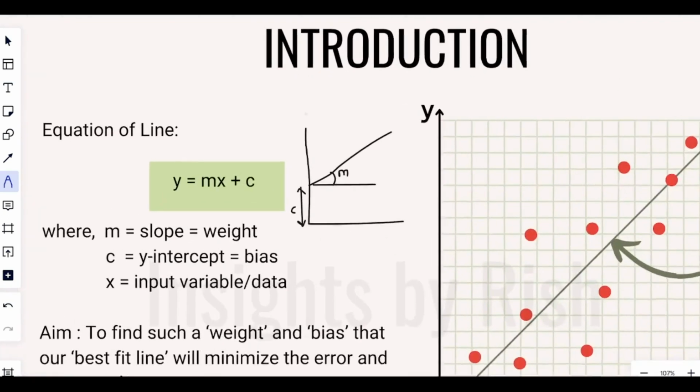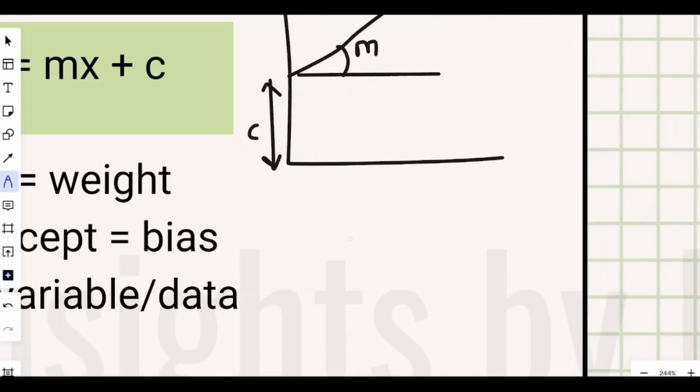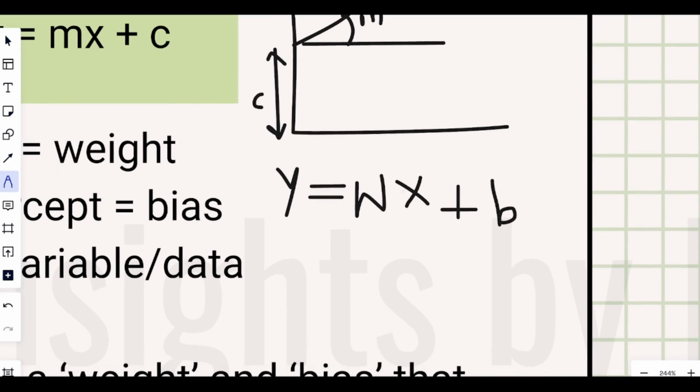Now, as you know, as we change this m and c, the line will also change. In this equation, if you write it in terms of weight and bias, y will equal w x plus b. In these terms we can see x is your input value, which is fixed, so you cannot change this.